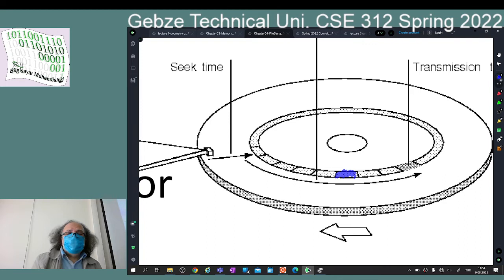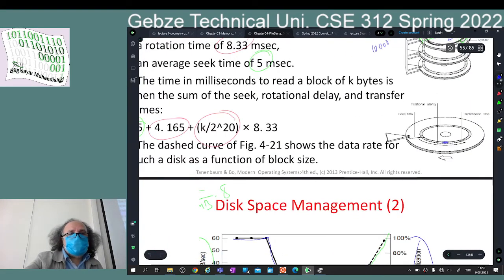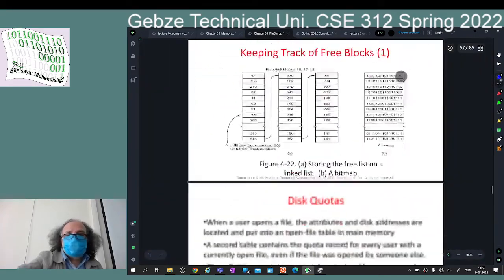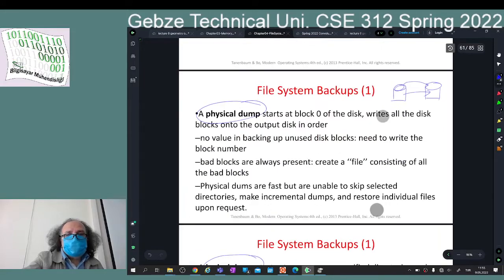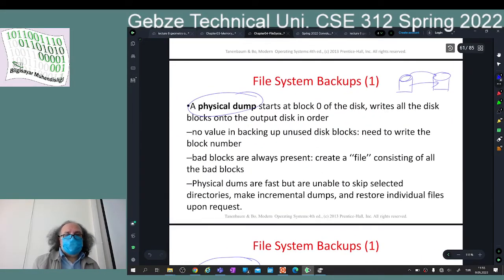Because whatever I write to it, I cannot read it back. If you cannot read the same thing back just after writing, that means that sector is bad, so I mark it as bad. This physical dump strategy doesn't care about the bad sectors. It just takes a backup of them too. That's another disadvantage.